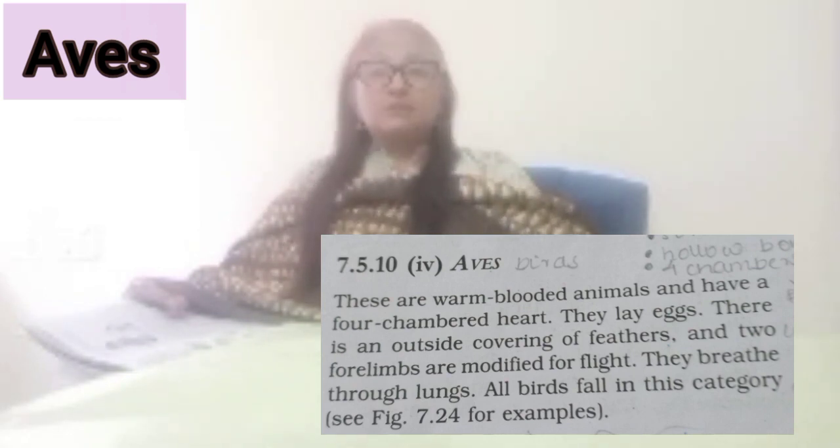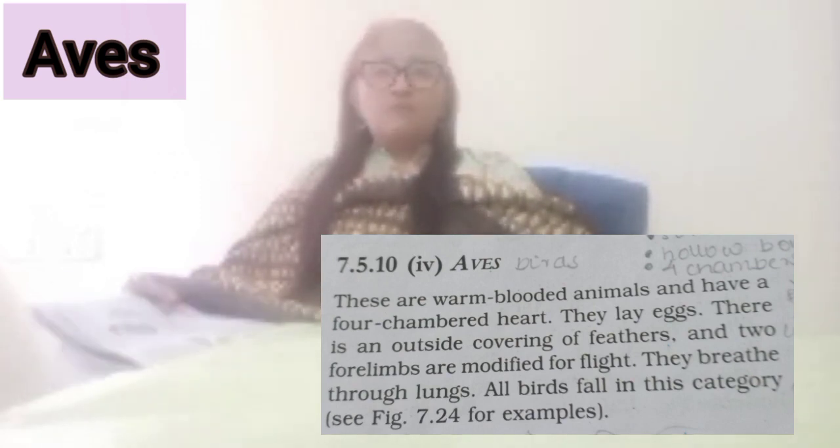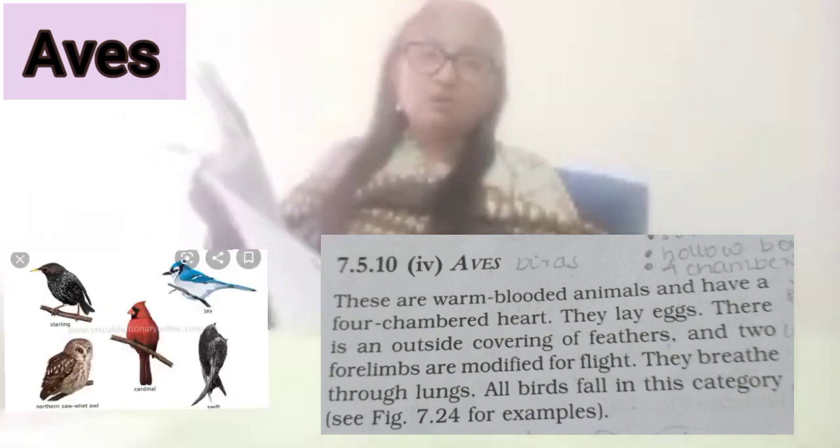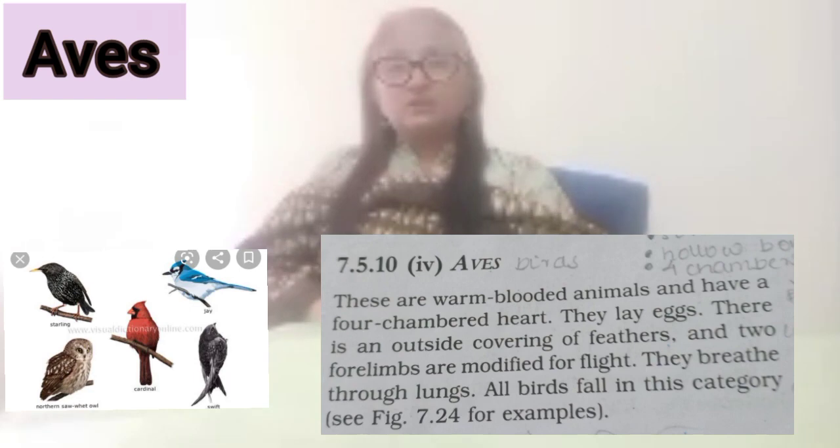They have wings, and the tail helps them to change the direction. Body is streamlined to cut through the air. Birds are warm-blooded. They lay eggs. Examples, we have a lot of examples: peacock, crow, cranes, ostrich, etc.